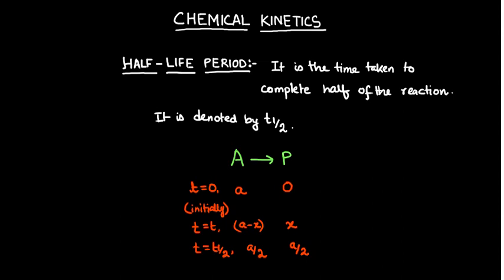Okay. Now what is the integrated rate expression which we have obtained for a zero order reaction? For a zero order reaction, the expression goes like this: k is equal to x by t. That was the expression for the rate constant. So we can write t is equal to x by k, right? Now when t becomes t half, that means it's the half-life period, x becomes A by 2. So here 2 is a constant, k is a constant.